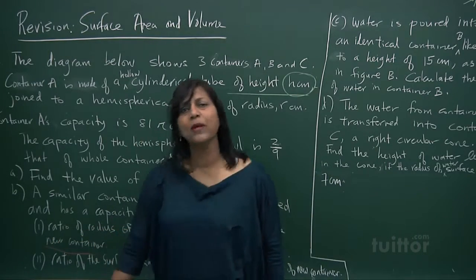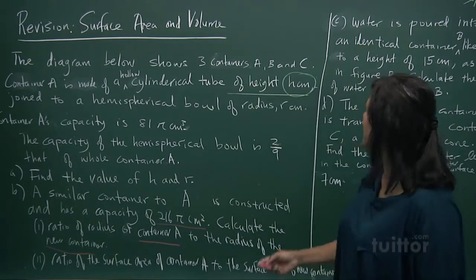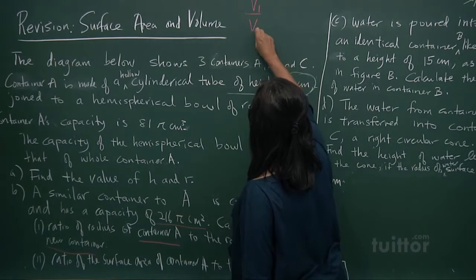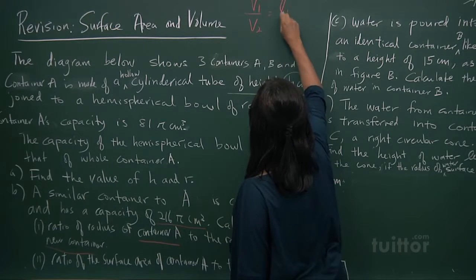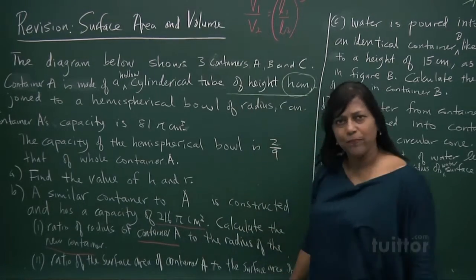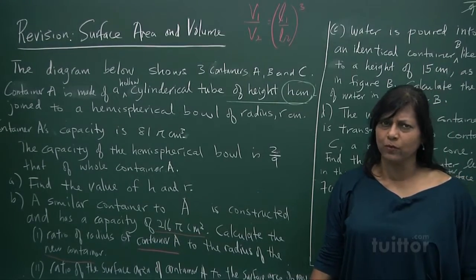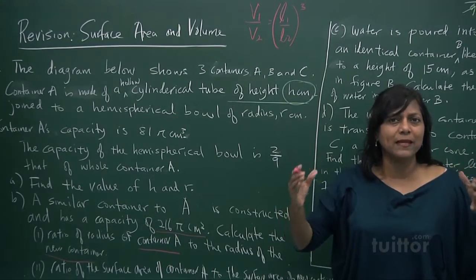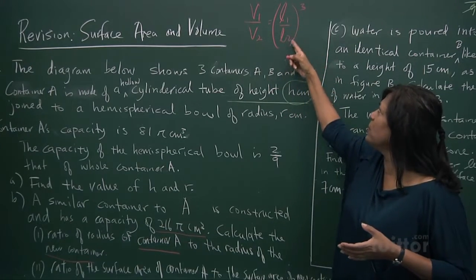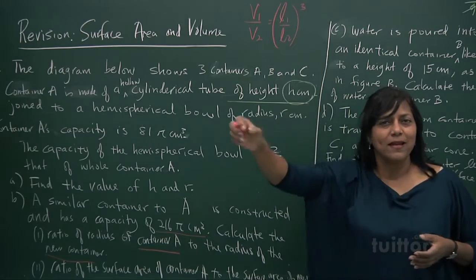Now when you say the word they're similar, the ratio of the volume, if you look at it, my dear friends, similar figures, V1 over V2 equals L1 over L2 cube, the ratio. Where L is the radius, it can be a ratio of radius, R1 over R2 cube, H1 over H2 cube, and what's the other one?